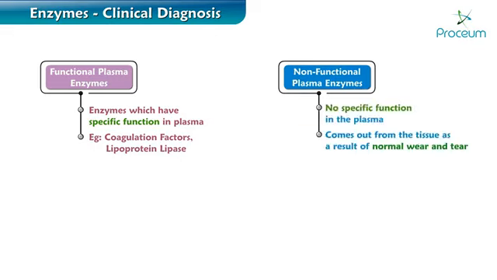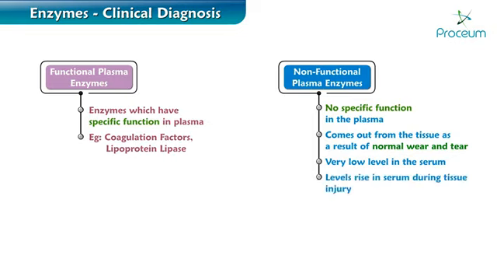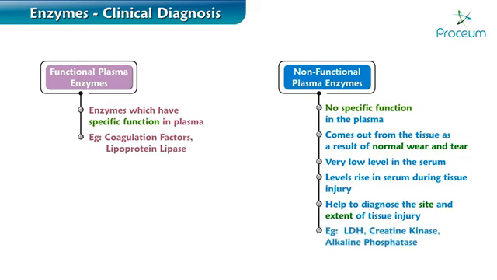They come out from the tissue as a result of normal wear and tear. Their level is very low in the serum, but during tissue injury, their level in the serum rises. Hence, they help to diagnose the site and extent of tissue injury. Examples include LDH, creatine kinase, and alkaline phosphatase.